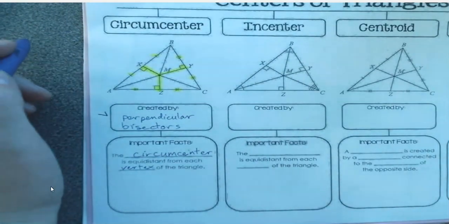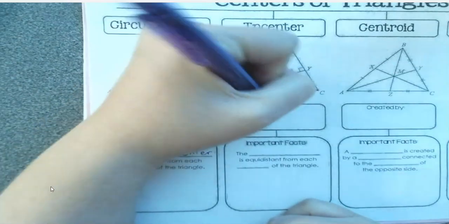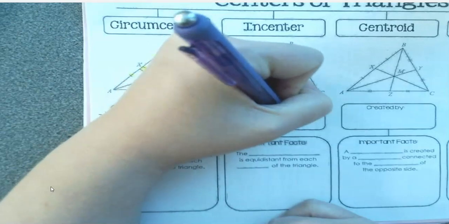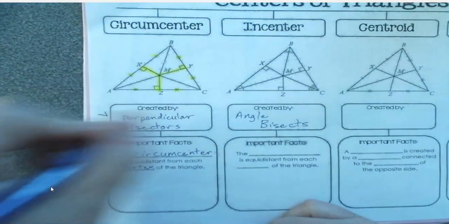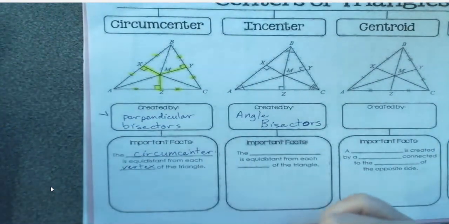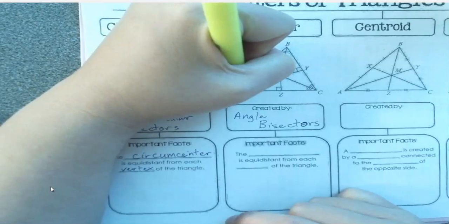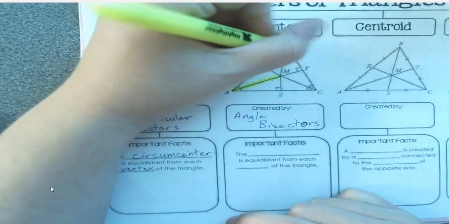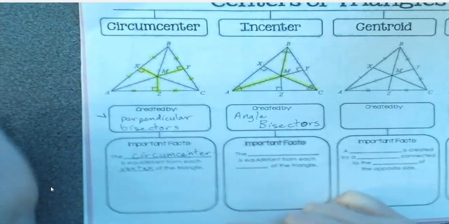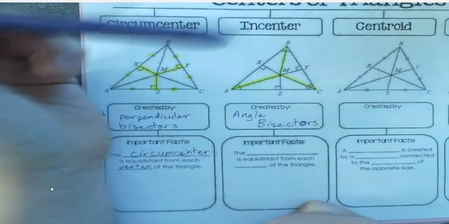And then, we move on to angle bisectors. So here we go. These are the angle bisectors. So you're not extending the line all the way through. It's just from there to there to there. And then they intersect at the incenter.